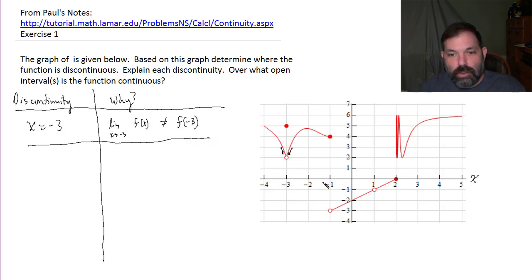Our next discontinuity appears to be at x equals -1. Why do we have that discontinuity? Think back to the previous slide, where there are 3 specific reasons why we could have a discontinuity. Which reason is it?